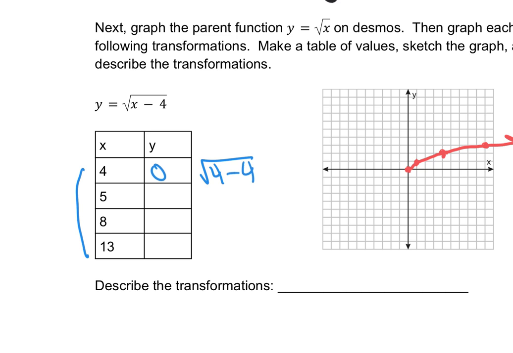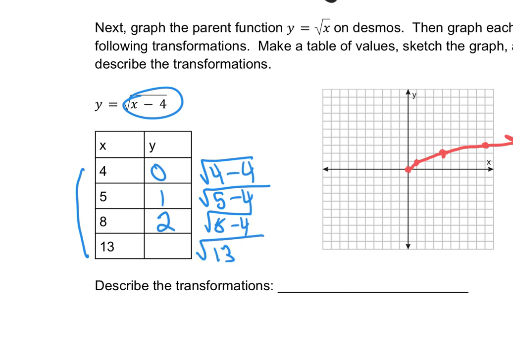If x equals 5, the square root of 5 minus 4, again, I'm just using this equation up here. 5 minus 4 is 1, the square root of 1 is 1. The square root of 8 minus 4, 8 minus 4 is 4, square root of 4 is 2. 13, the square root of 13 minus 4, 13 minus 4 is 9, square root of 9 is 3.